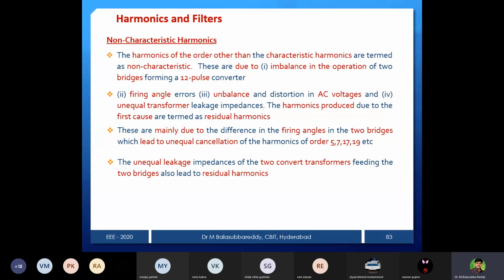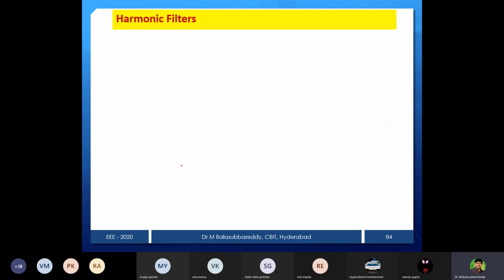This set of star-star and delta-star transformers is connected to the two bridges. The last three cases can lead to the generation of triplen and even harmonics, and the analysis is complicated. Triplen means all the multiples of 3, so the harmonic analysis is a little bit complicated.